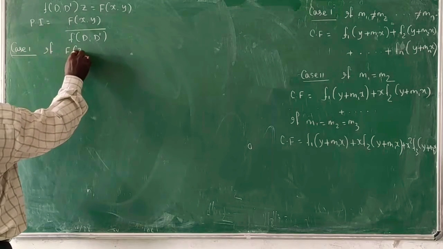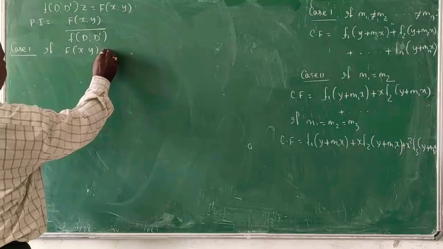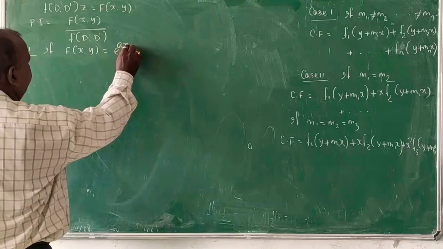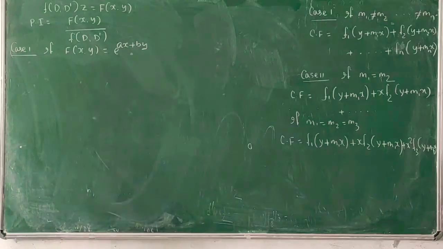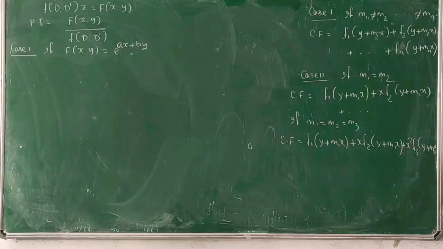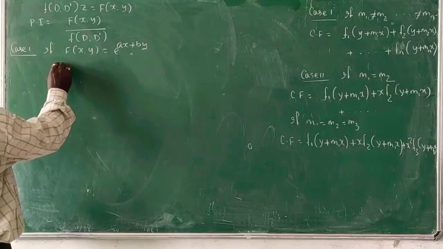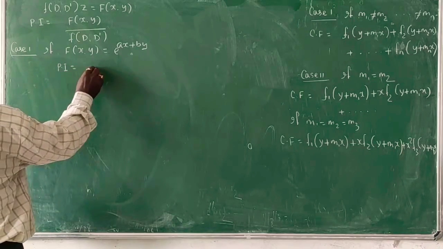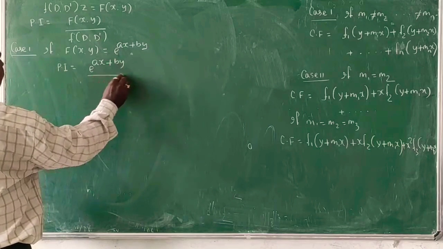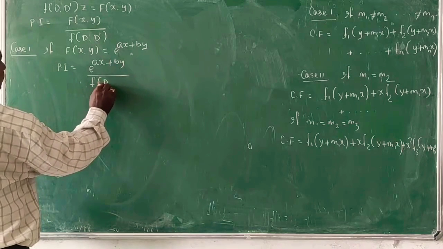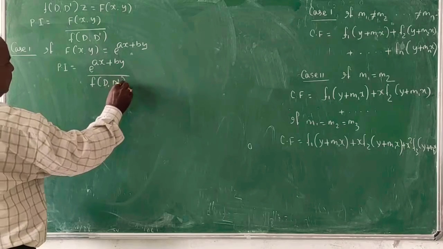So let us take that case number 1. If f of x, y is e to the power ax plus by, then you will obtain the particular integral like this. The particular integral is e to the power ax plus by divided by f of D, D dash.